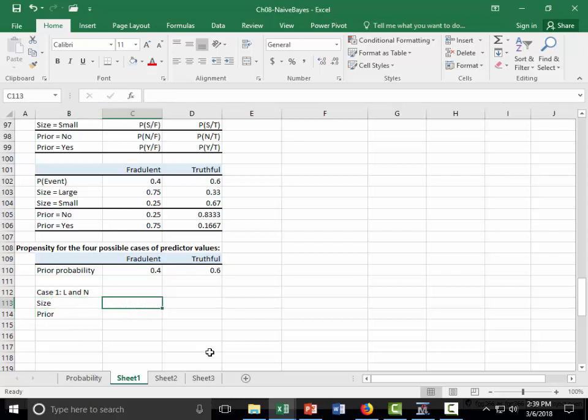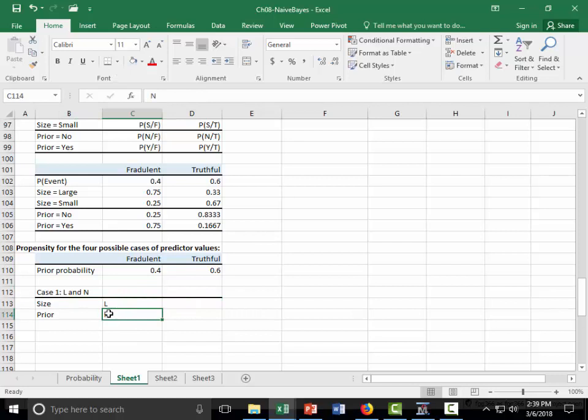So these are the, so size is L, prior is N. So that's the case that is presenting our, well, size equal to L, prior equal to N, we'll use these for probability.